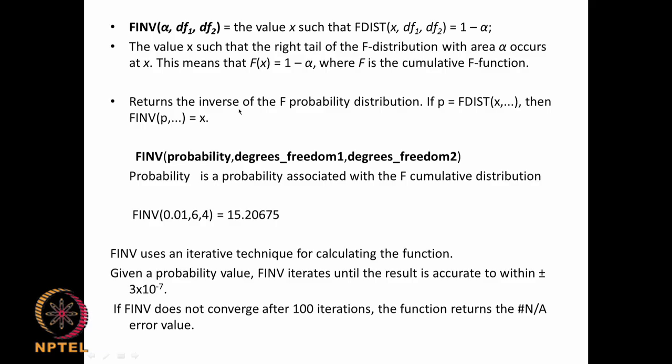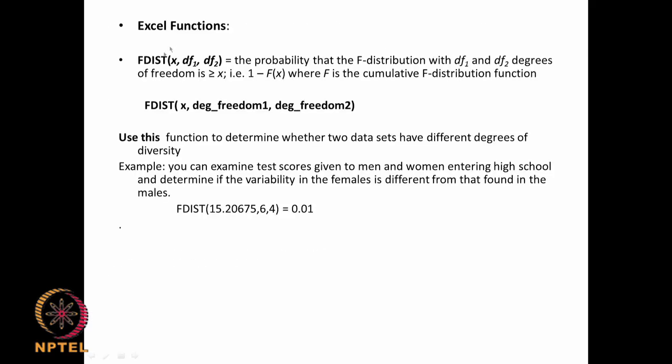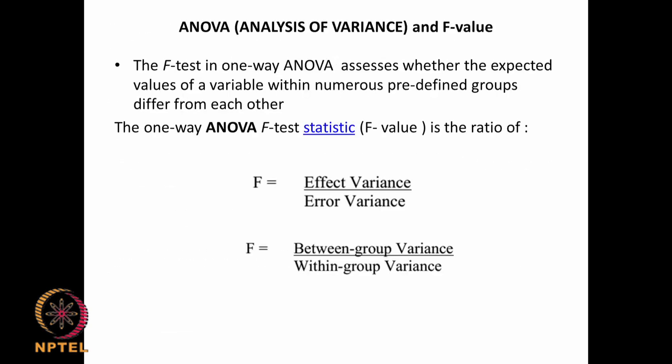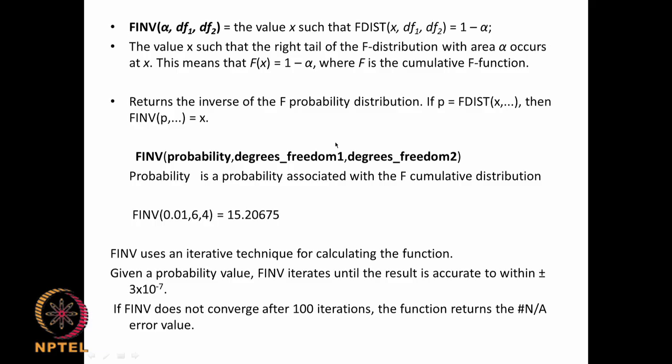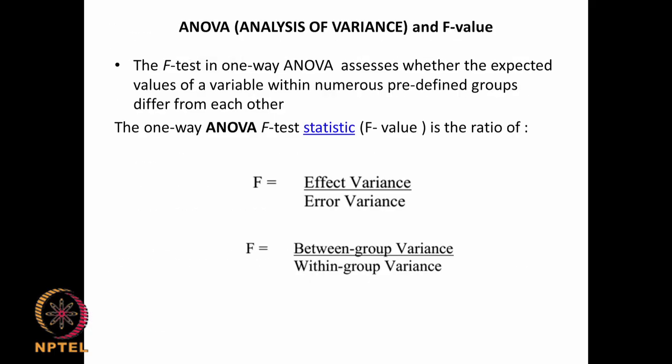As I said, F.INV is exactly like your F table, whereas F.DIST calculates the probability, and if the probability is high, greater than 0.05, generally there is no reason for you to reject the null hypothesis. Similar to this, GraphPad also has both the options. I showed you in the previous class. When I start doing new problems, I will show you in this present class also.